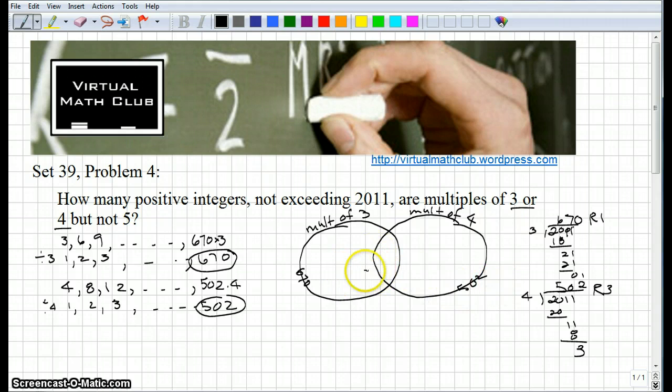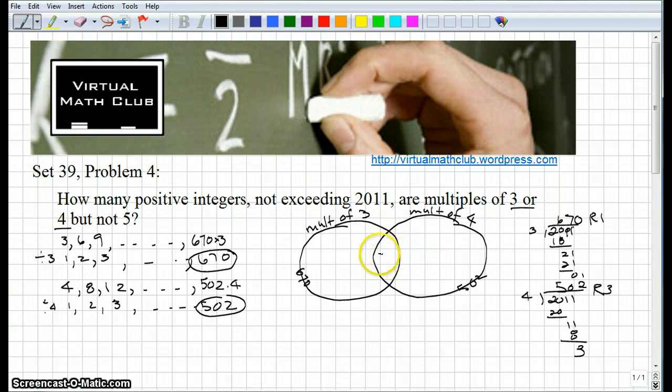But I can't just add those together because some of these numbers are duplicates, right? Like 12. 12 is going to show up in both lists, so I've double counted it. So I need to figure out how many numbers are in this intersection so that I can subtract the duplicates out, because I've counted these twice.